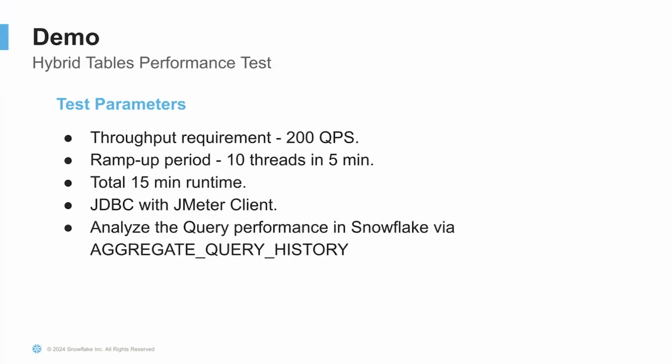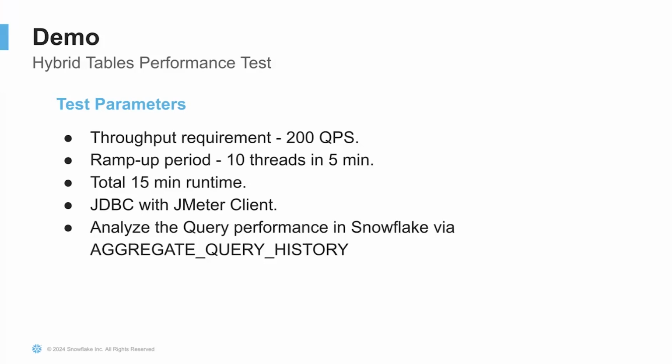With that, I would like to talk about how we are going to set up this demo. Say you have a requirement of 200 queries per second throughput, a peak where your customers are coming in and requesting 200 queries per second from the system, because on a particular day, at a particular time, you might have a load requirement.